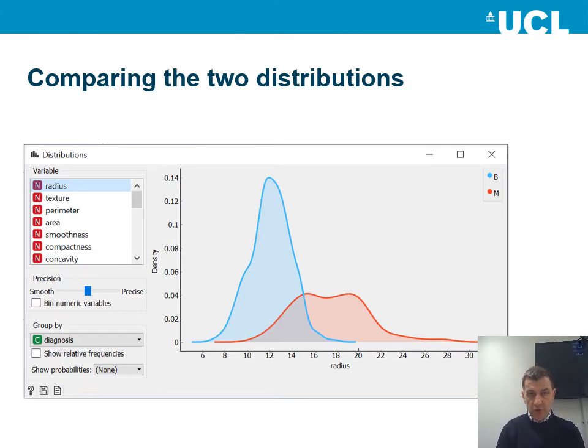We could choose a radius to classify the tumors as benign or malignant. If we chose a value of 10, for example, then that would correctly identify a proportion of the benign cases as benign, and it wouldn't misclassify many of the malignant cases as benign.